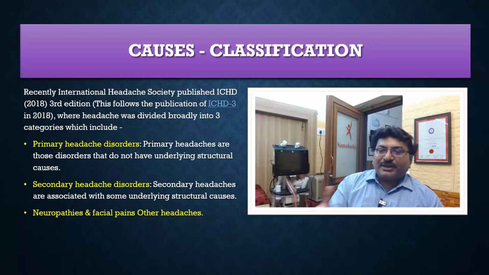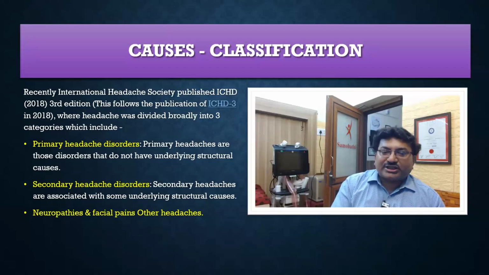For example, a brain abscess causing pain could be a secondary headache disorder, or a tumor causing pain. Whereas migraine, cluster headache, chronic daily headache, or tension-type headache are actually examples of primary headache disorders, where even with investigation we will not find anything. There is no structural change here.